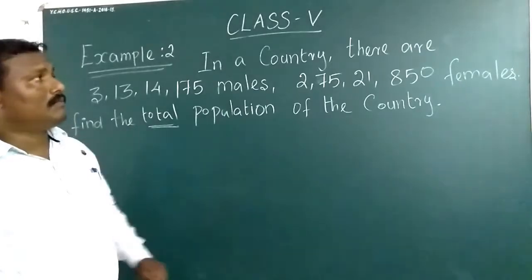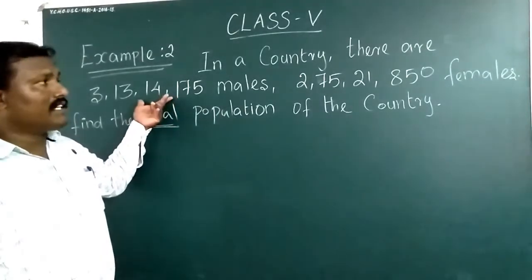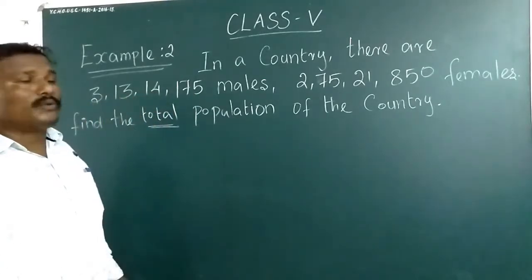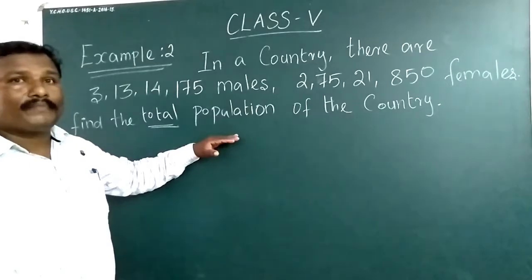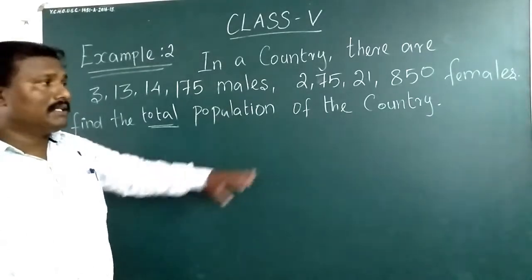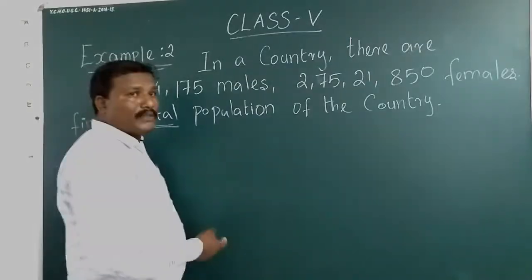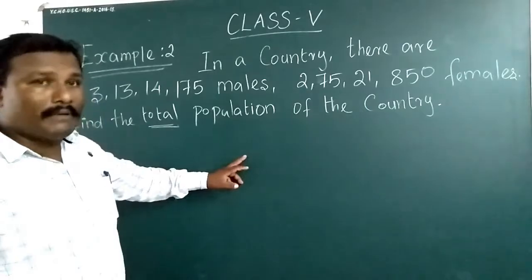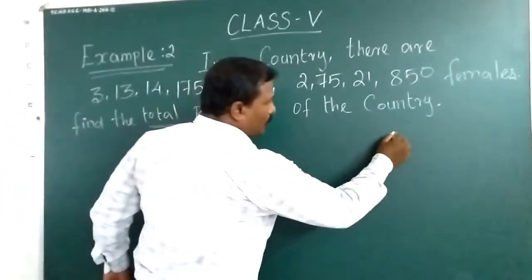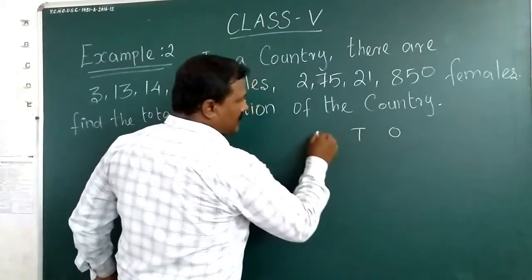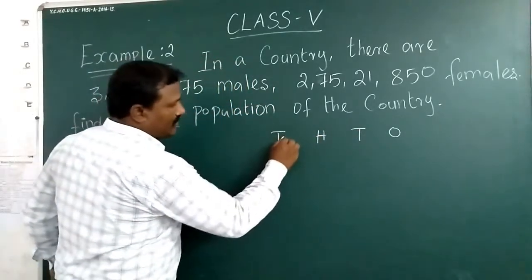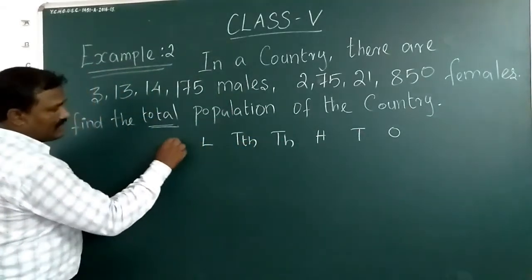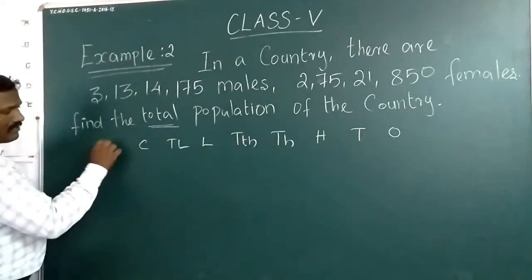These kinds of numbers are large numbers, 7-digit, 8-digit numbers. So you must draw the place value table and put the numbers into the table. Now I draw the place value table: ones, tens, 100, 1000, 10,000, lakh, 10 lakh, crore, 10 crore.